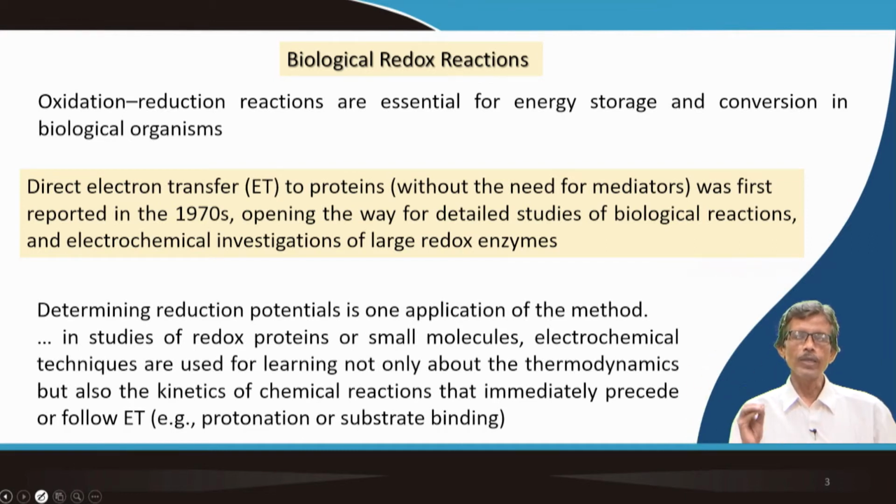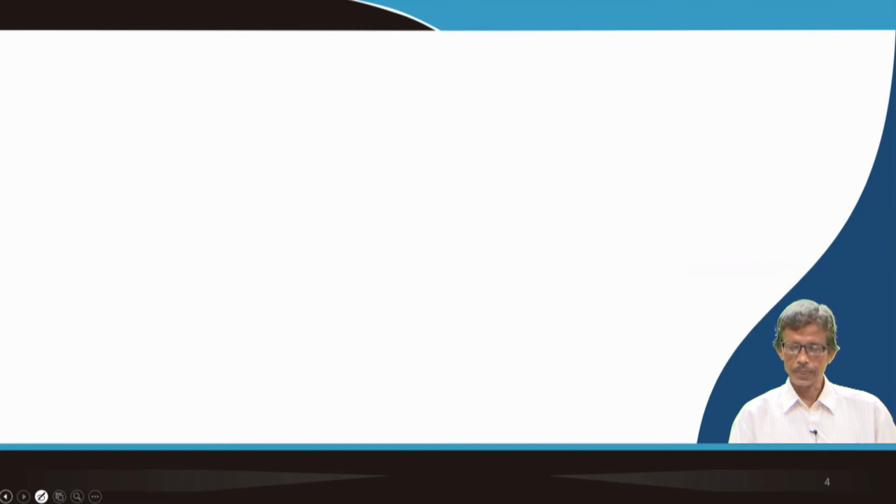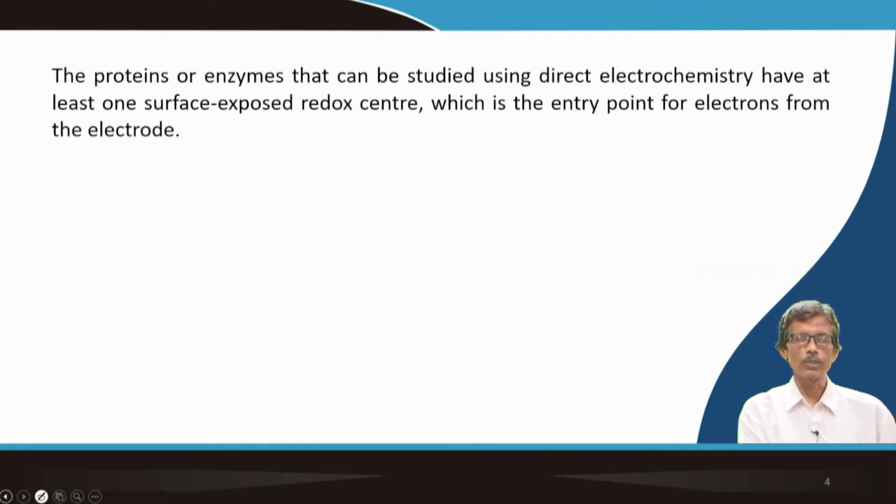So, at some point you can also have protonation. Then the situation will be complicated, because your original species is now getting protonated. Similarly, for enzyme kinetics, you can have substrate binding following electron transfer. So, all these things can happen. You will know a little bit about these complications, and then we can try to sort them out with respect to electron transfer.